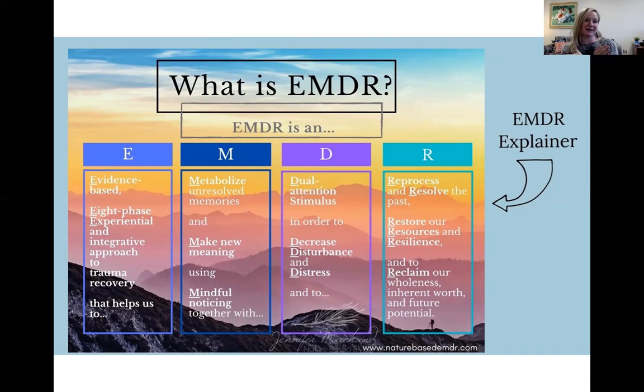Whether they're following my fingers or doing the tapping, their attention is in 2 places at once, both there in the room and 1 foot kind of in the past, which helps that sense of safety, which keeps them in their window of tolerance. And then reprocess, resolve trauma, build resilience, and reclaim wholeness and inherent worth.